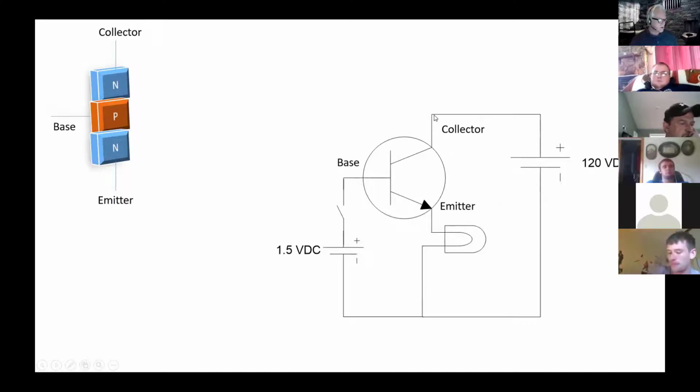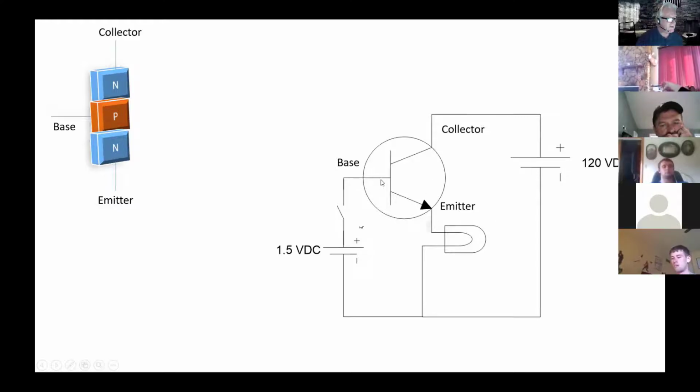Current leaves the source, flows into the collector, out the emitter, and into the load. And that's my path. But only if there's base current. This will not work if there's no current going into the base. So I have to close this switch.